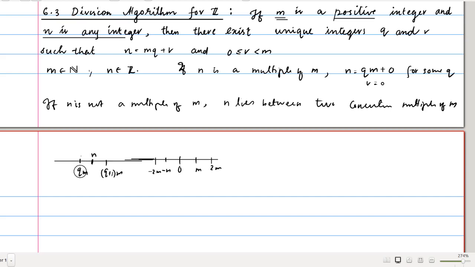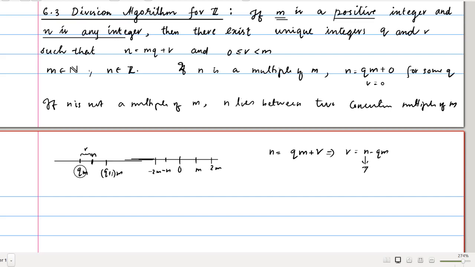If we write this difference as R, then N is equal to QM plus R. We know that R is an integer, because R can be written as N minus QM.